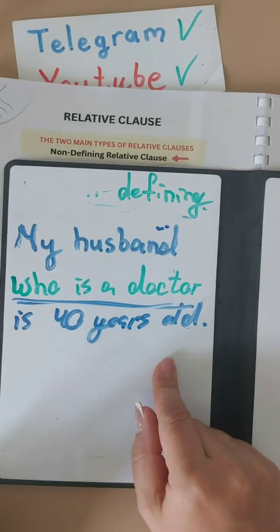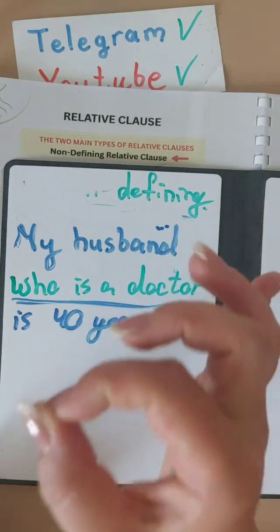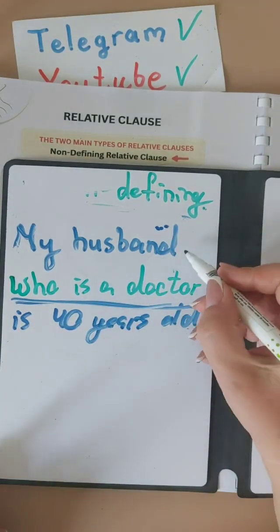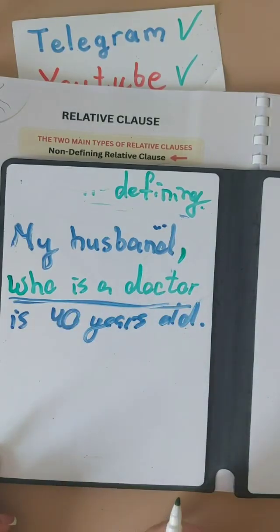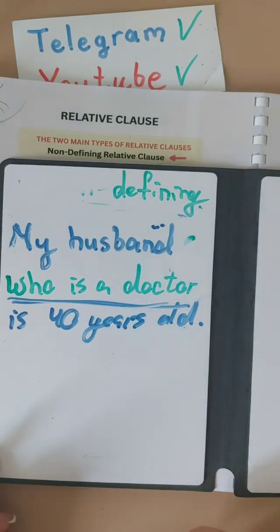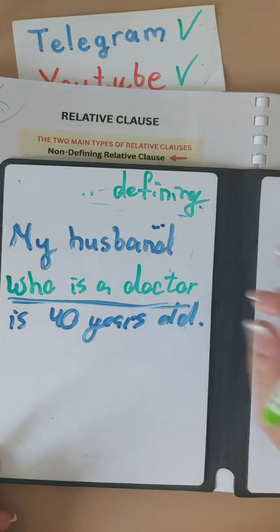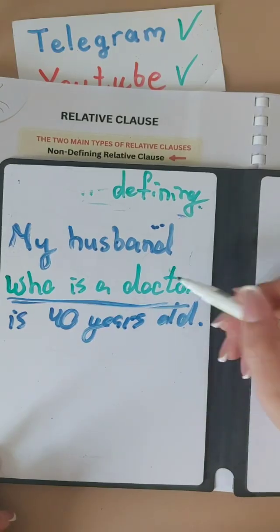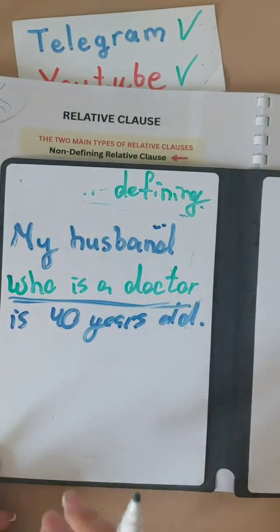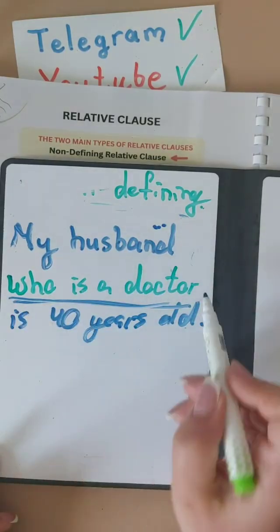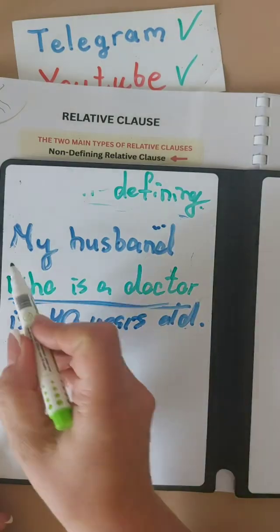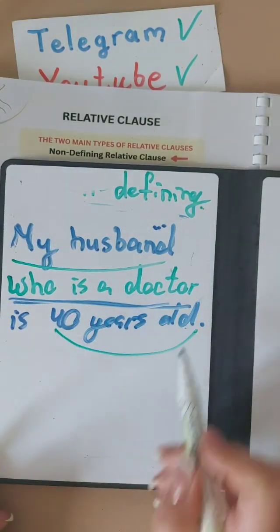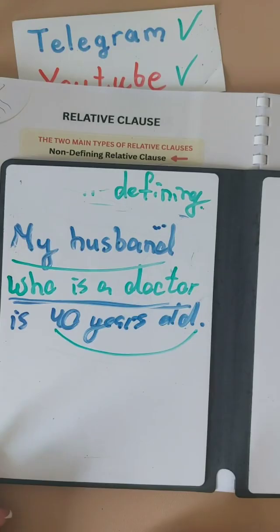Okay? So be careful with commas, because if you add commas, you tell the listener that you have 1 husband. If you remove the commas, you mean that you have 2, 3 or more husbands, and you provide essential information to identify which husband is 40. Okay?